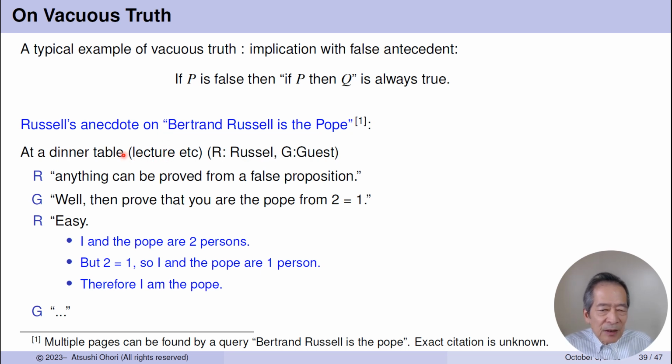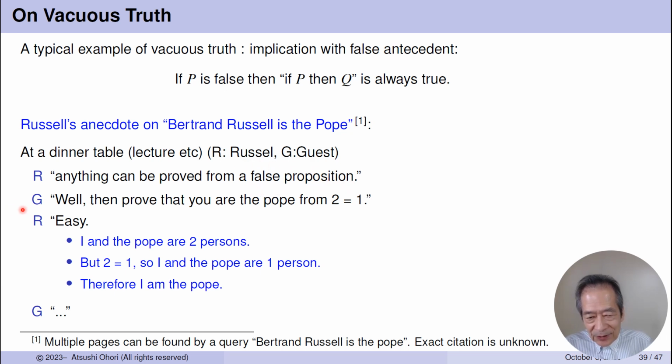One version of the story goes as follows. At a dinner table or lecture or seminar, two persons, one is Bertrand Russell and the other is a guest, I call R and G, had the following conversation. R, Russell, said, anything can be proved from a false proposition.